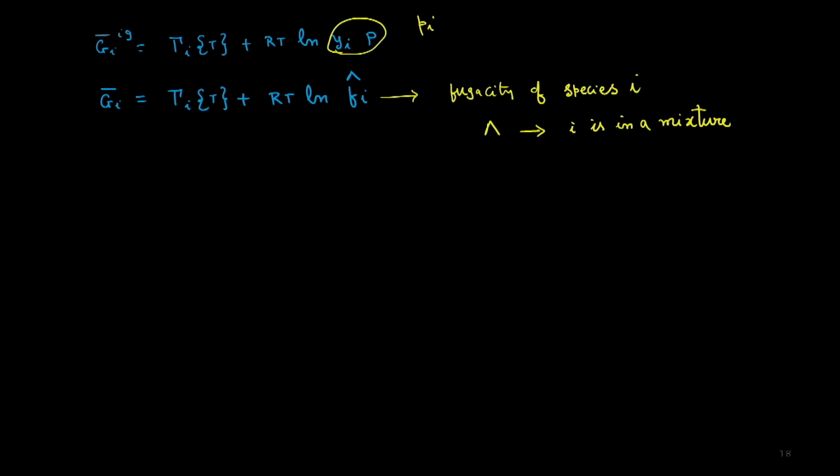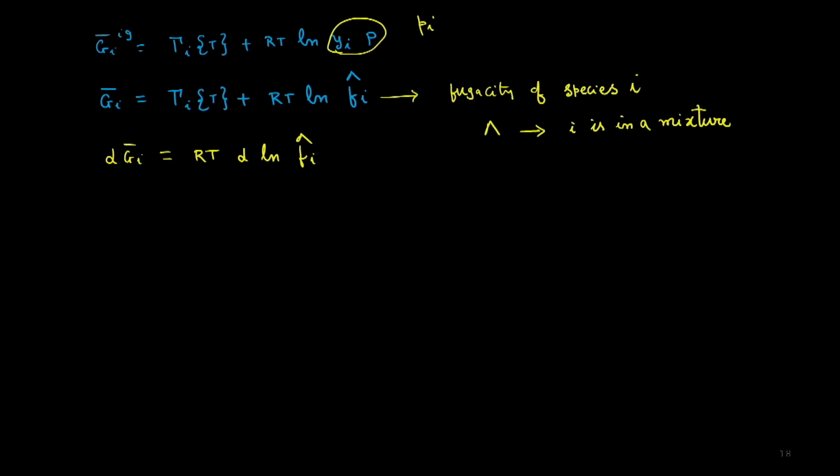So the way we define fugacity of species i in a mixture is Gi bar is this, or in more general terms, dGi bar is RT d ln fi hat. This is a more general definition for fugacity of species i in a mixture.